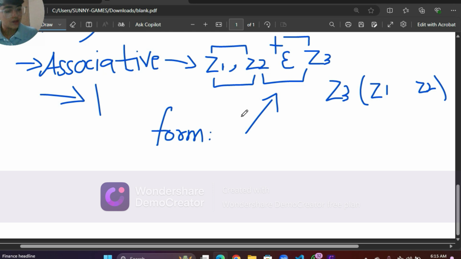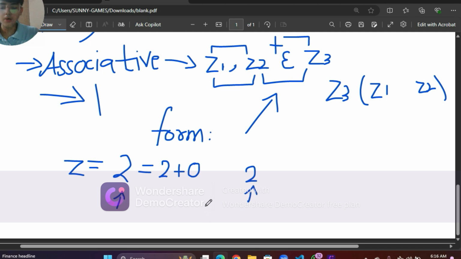Additive identity basically means if z is equal to 2, and if I add something to 2, that should give me the exact same number. That is my additive identity, my 0. If I do this, it gives me 2 again.